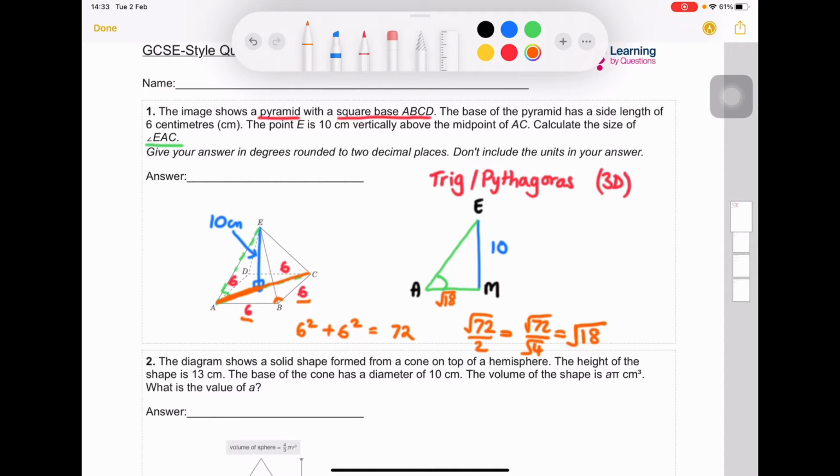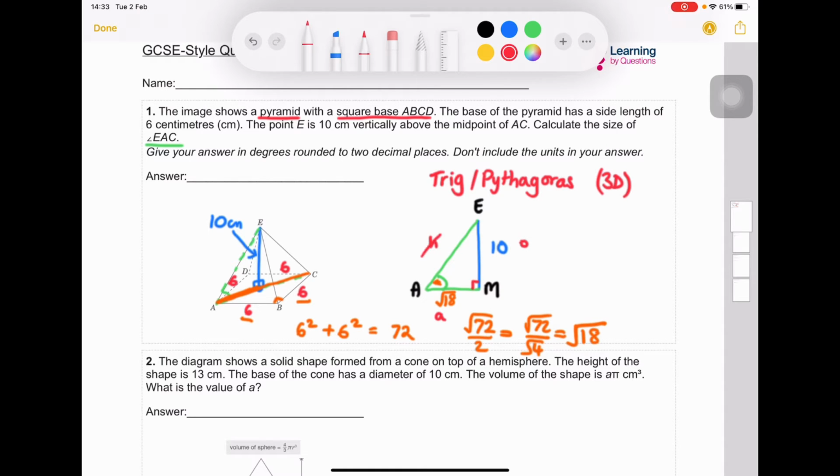And now we can use trig to work out this angle here. So let's label the triangle: opposite, adjacent, hypotenuse.